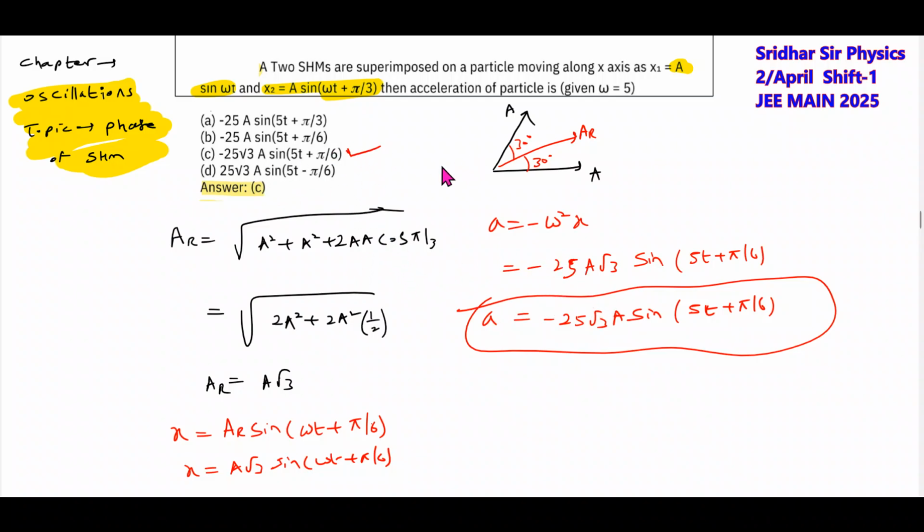This will be your option. It's asking about the superposition of SHM, phase of SHM, or you can take the subtopic superposition of SHM. I'll take the next question.